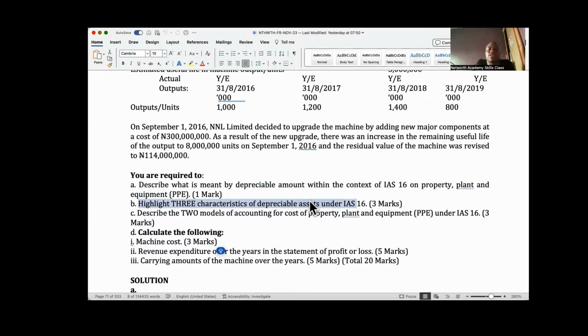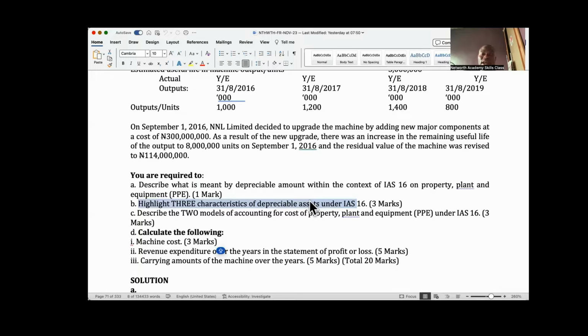Another one is that a depreciable asset must be held for use for the production or supply of goods or services, rental to others, and for administrative purposes. So I've given you like 4 characteristics.